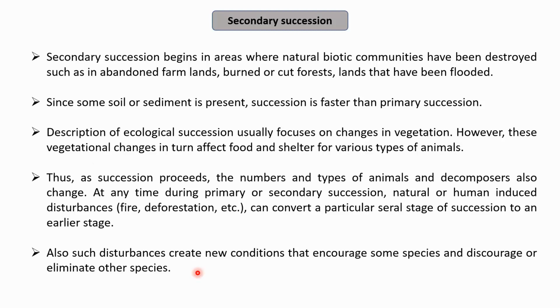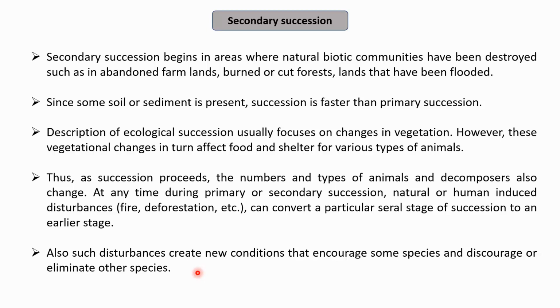Based on this, we had primary and secondary succession, where the primary succession starts from a completely barren area, where the soil has not yet been formed and which is not inhabited by any organism previously. But in the case of secondary succession, the succession occurs in an area which has been destroyed due to some sudden flood, maybe, where the soil is present and some organisms are present, but the community needs to establish itself again.